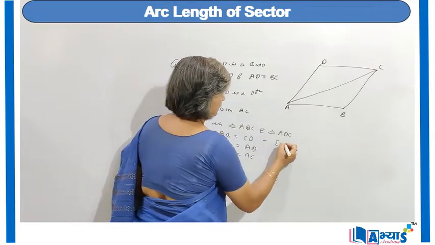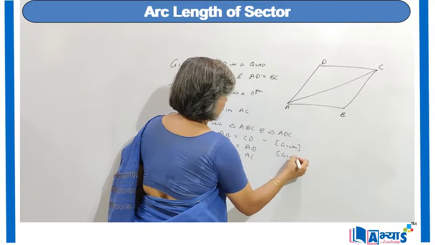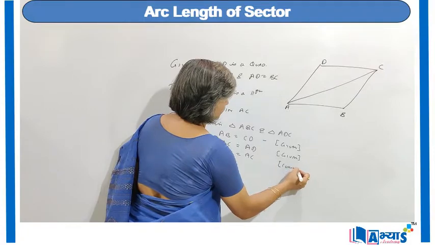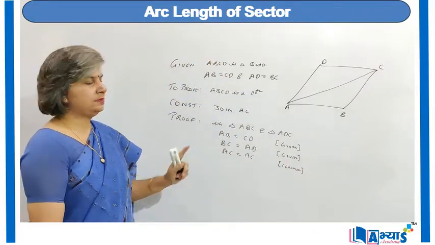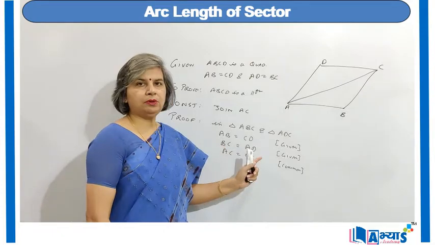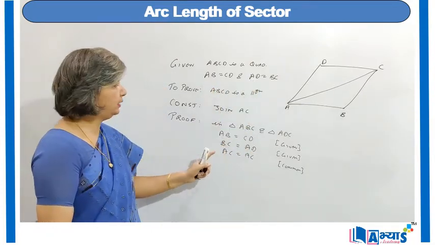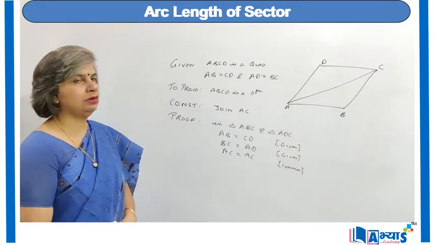The opposite sides are equal, and AC is common in both. So AB is equal to CD, it has been given to us. BC is equal to AD, it is given to us because the two opposite sides are equal, and the third side, that means AC is equal to AC, which is common in both the triangles.